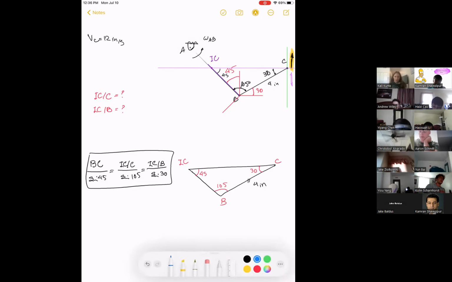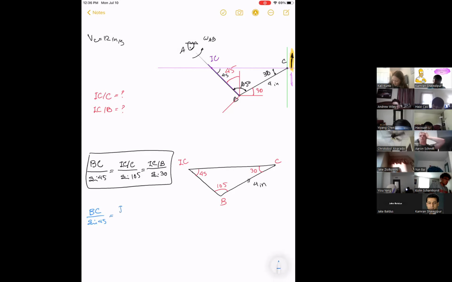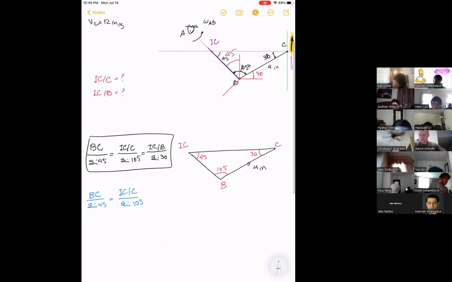One is BC over sine 45 equals ICC over sine 105, and BC over sine 45 is equal to ICB over sine 30. From here, you can get ICC, and from here, you can get ICB.